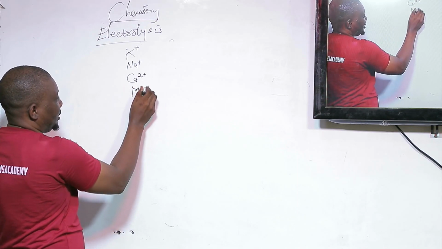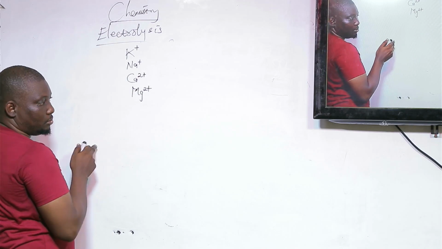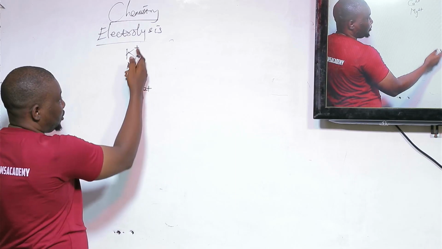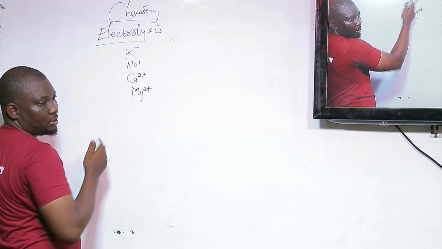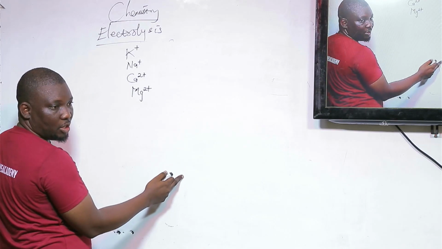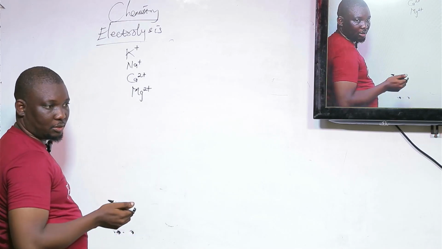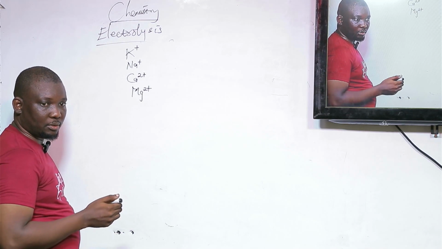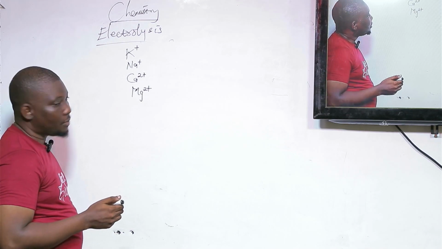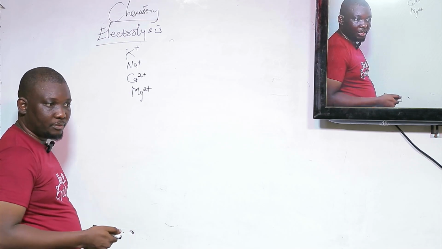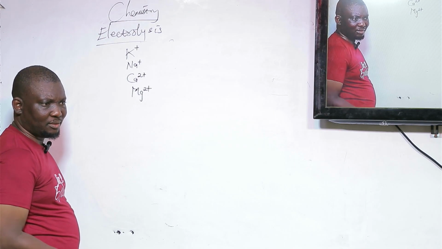What this analysis means is that, with reference to your periodic table, these two elements are found in group 1. Going down the group, what happens to the reactivity of metal? Is it increasing or decreasing? Going down the group, reactivity of metal increases, of course.